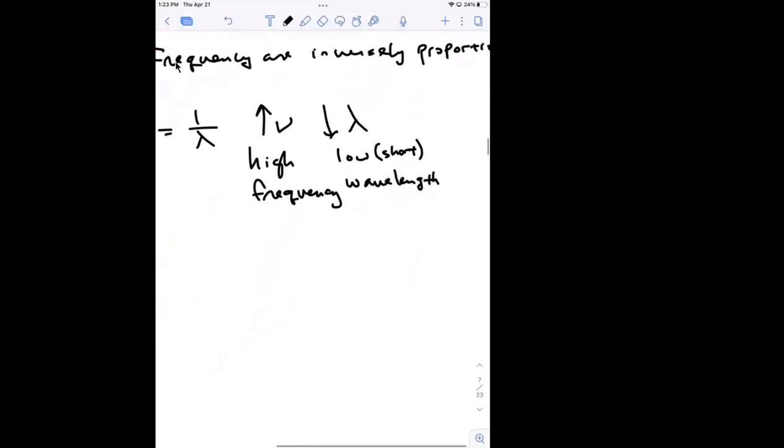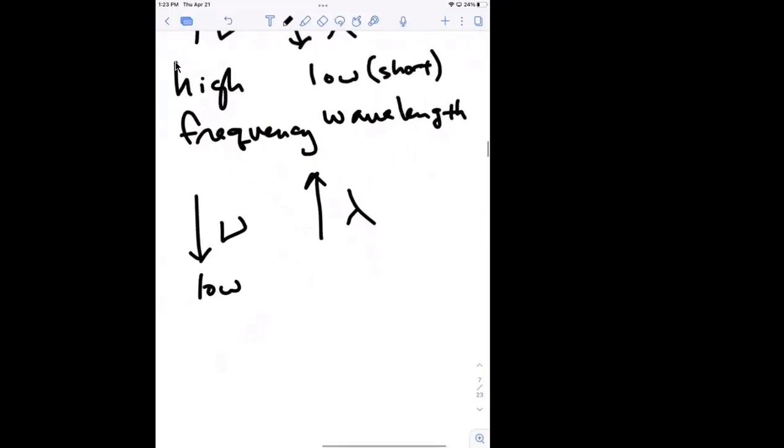By the same token, low frequency, long wavelength, right? So that's the relationship between them. And the reason I'm saying that is because there's a way to relate the frequency and the wavelength when you have to use it in an equation, which we're going to see in a second.